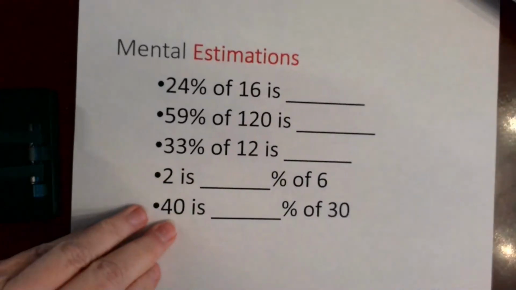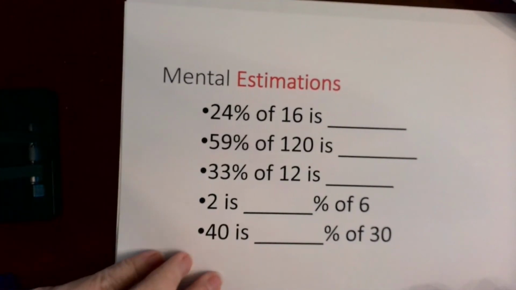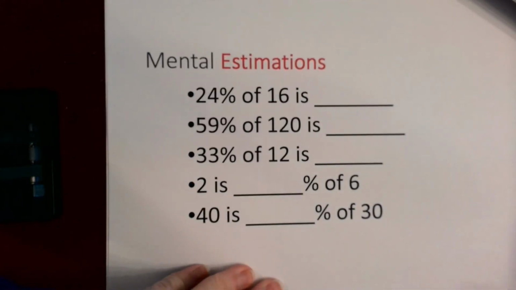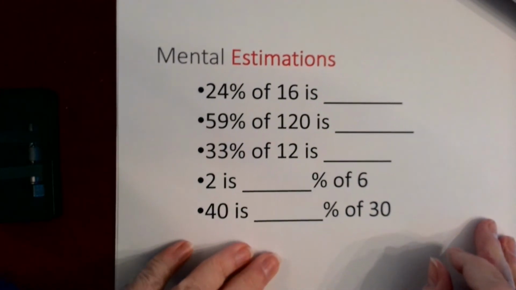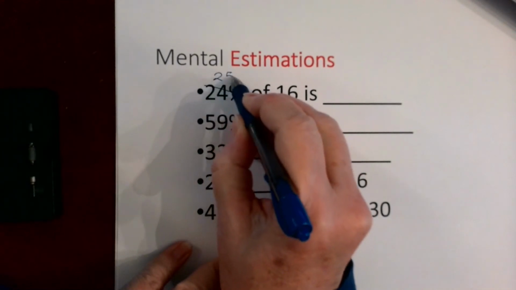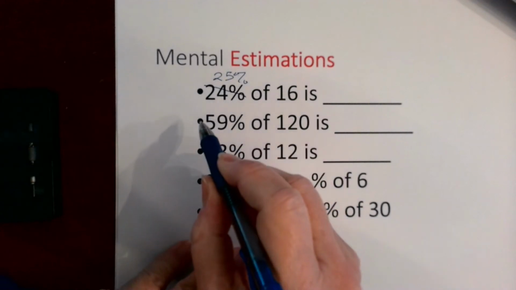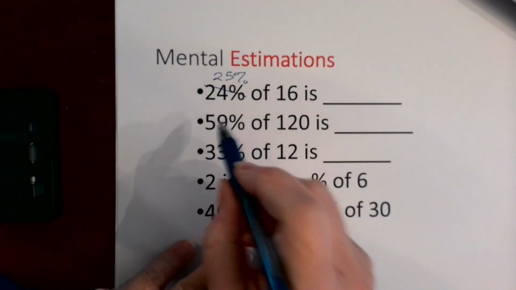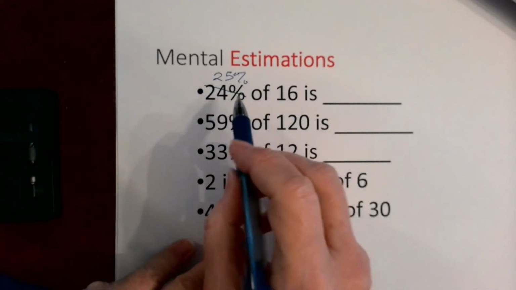Let's do some mental estimations and be done. Mental estimation means I don't want to pull out a calculator. I just want to get pretty close to the answer. So instead of 24%, let's say 25% of 16 is close enough for me. Like you're at the grocery store and you have a 25% discount. We want 25% of 16.